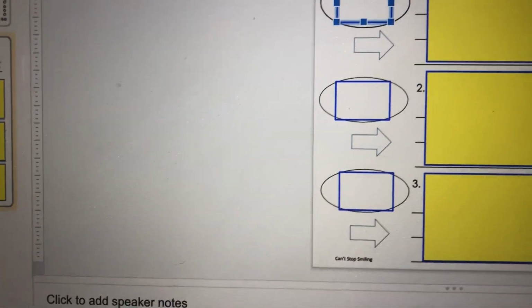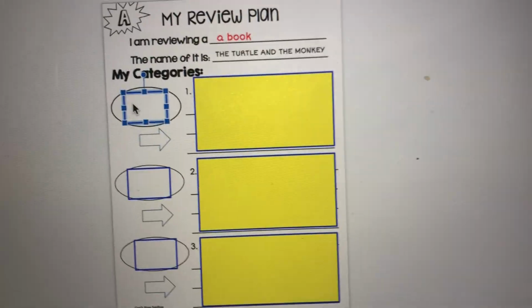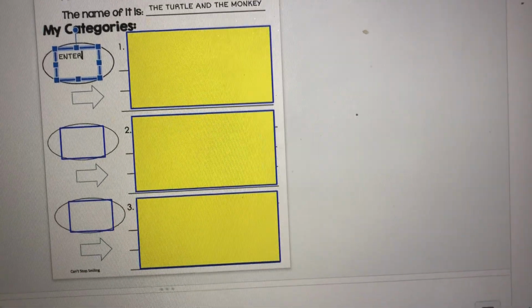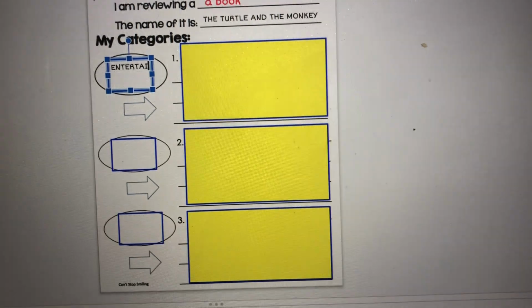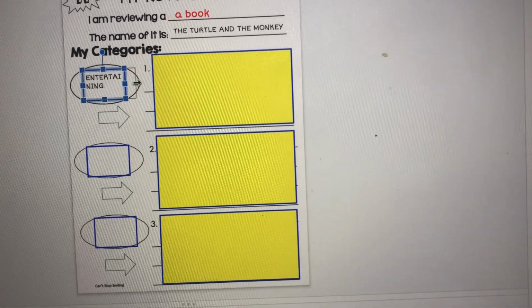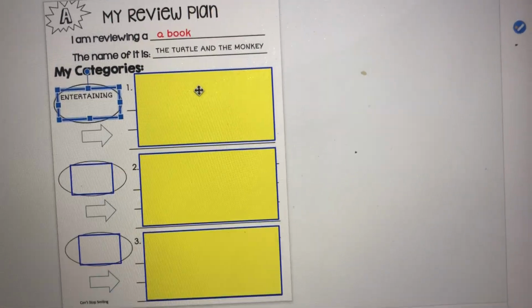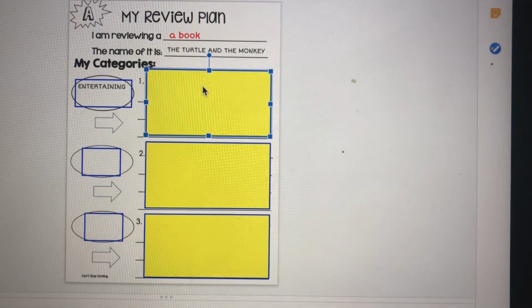Again, I can look right here and see some of the categories, and I'm going to say entertaining. I'm going to talk about this book being entertaining. I want that to look like all one word because that will bother me. There we go.